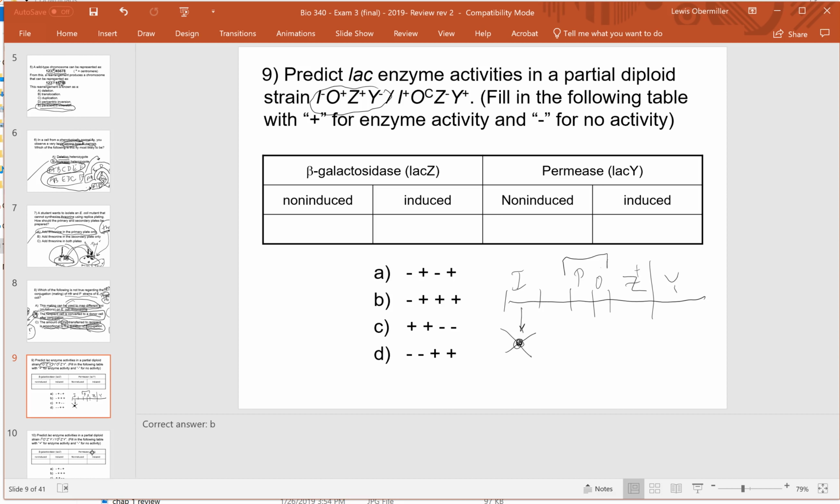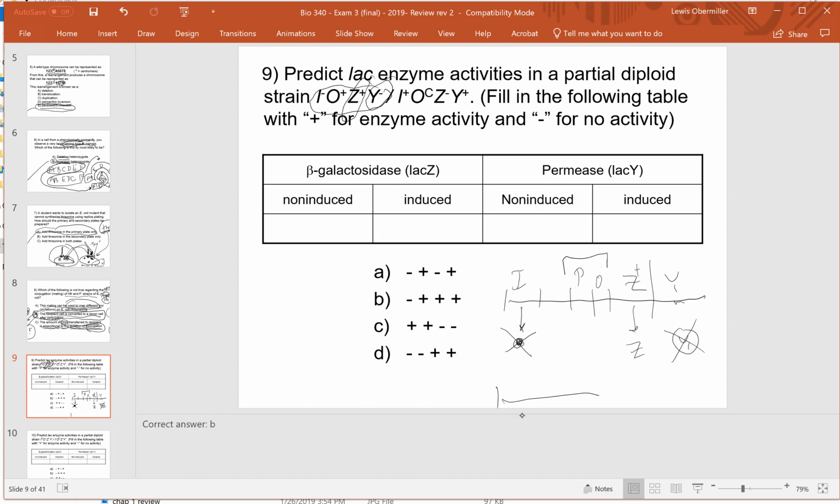Z plus, so that means that if this gets turned on, then we'll make Z. And if this gets turned on, we won't make Y because Y is broken. It could be there's a mutation in it, like a stop codon or whatever, but the protein product of Y is non-functional. That's why it's called Y minus, right? And this protein product is functional because that's why it's called Z plus.